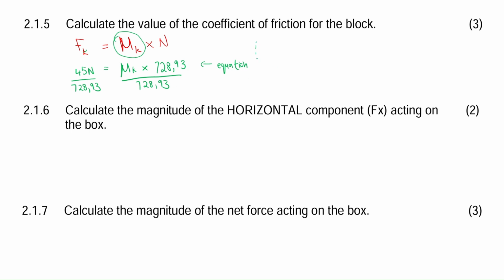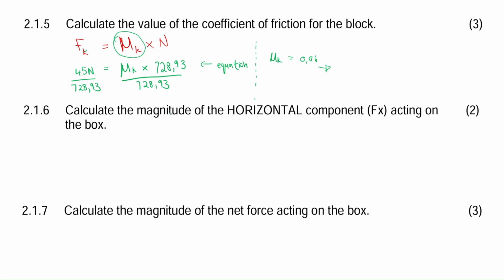And then ultimately, we get our mu k equaling 45 divided by 728.93, and we get a mu k value of 0.06. Now mu k has no units, so that will be your final answer.